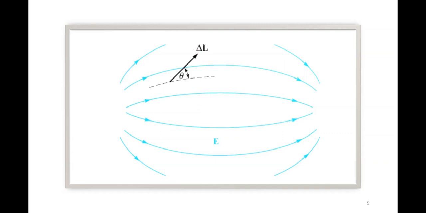So let us consider a differential length delta L, which makes an angle theta with respect to the E field.